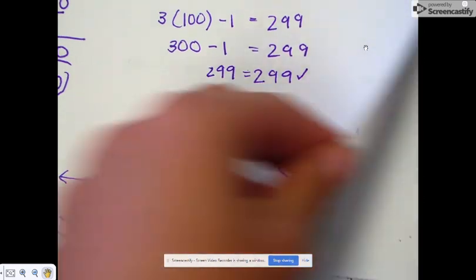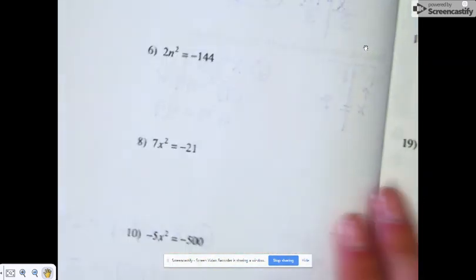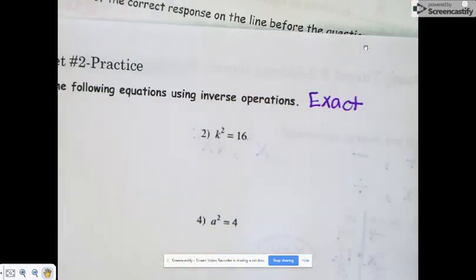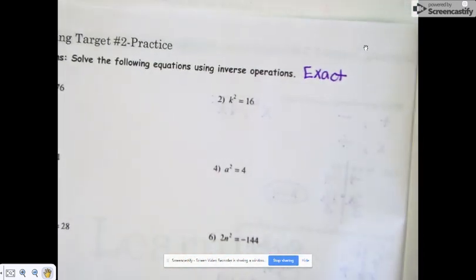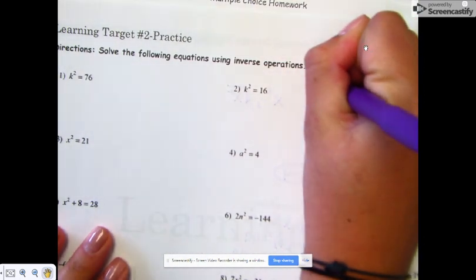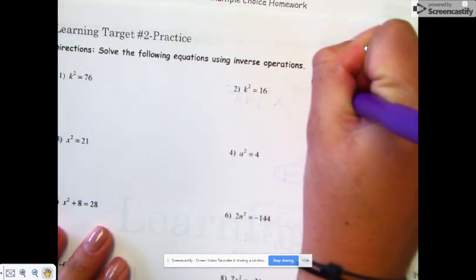If you flip the page, there's a ton of equation practice. For page 11, I want you to leave it in exact form. That means leave the square root if it's irrational.